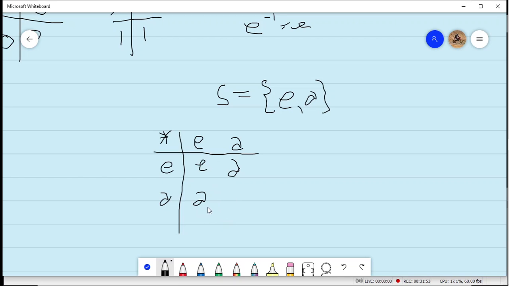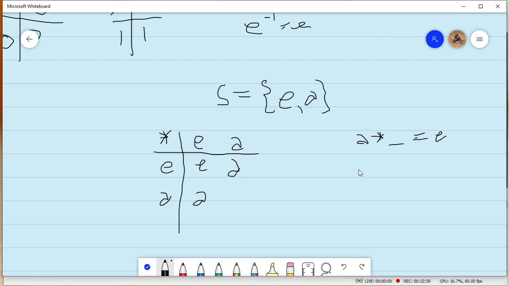Now, in this operation table, we see that there is just one spot left, and by the third axiom that each element must have an inverse, meaning there should be something operated to A so that the result is E, meaning E should be found in the row that contains A. Okay, E, because A operation something should be E, so E must be found in this row, but there is only one spot left.